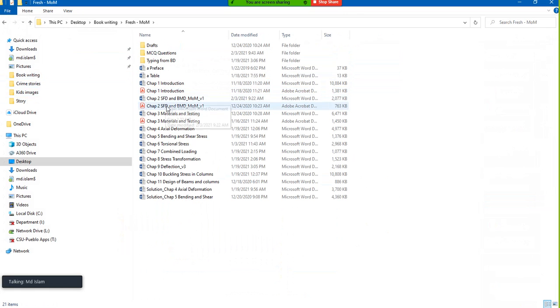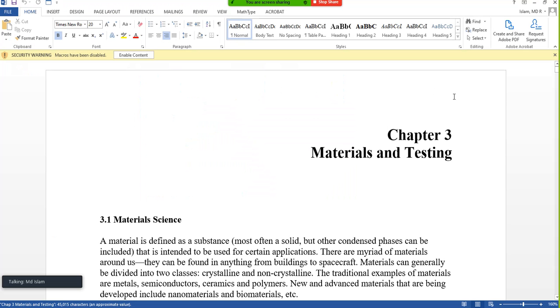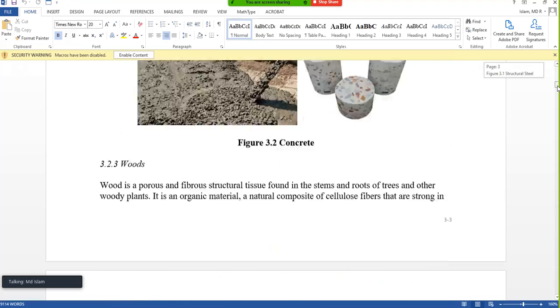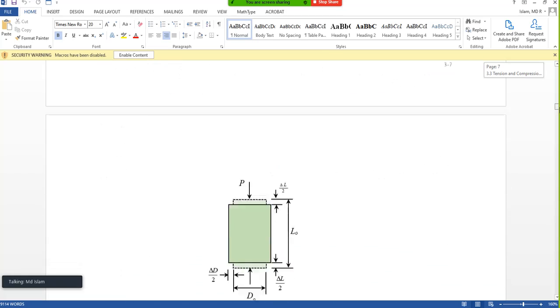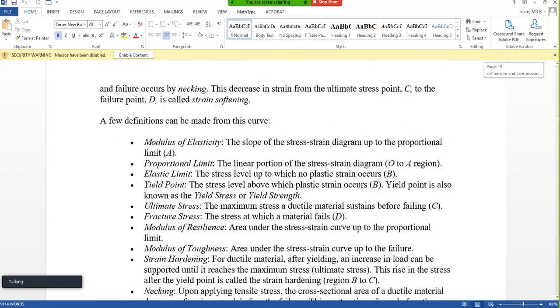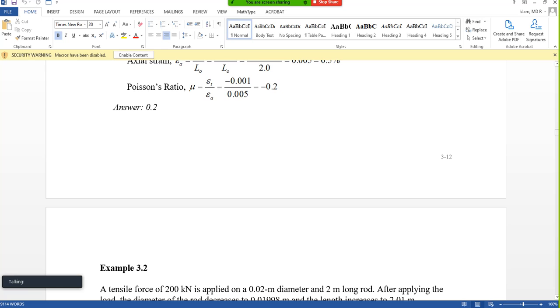So what I will do, I will open the Word file. Word file works. Okay, so now we will solve an example on Poisson ratio only.